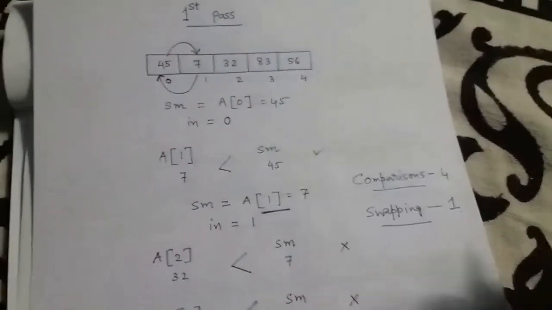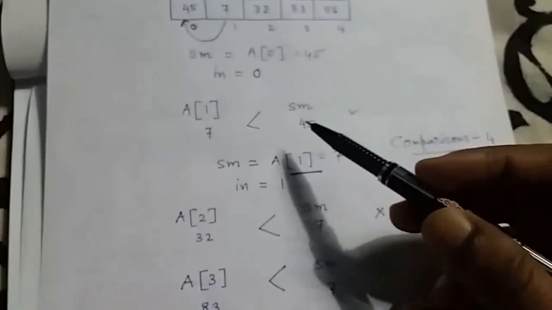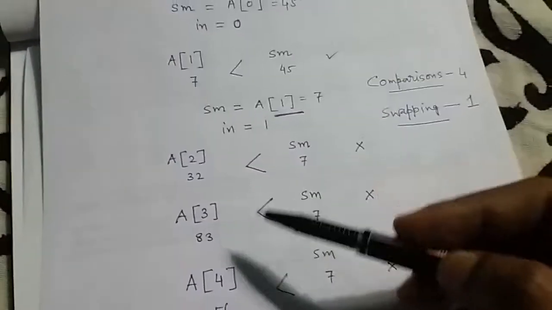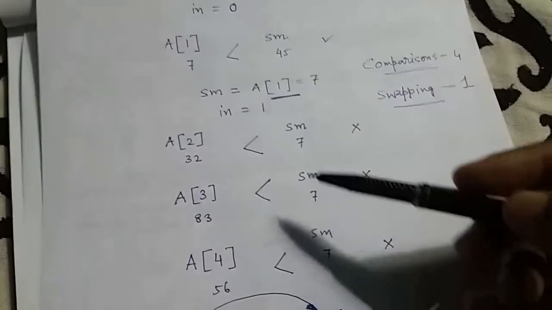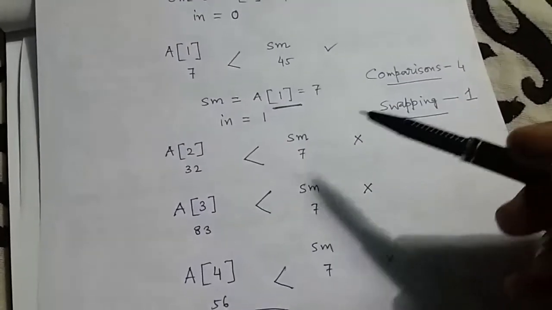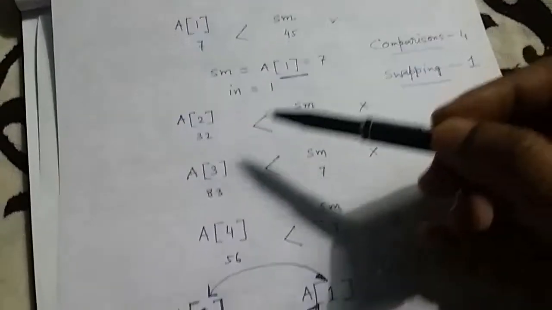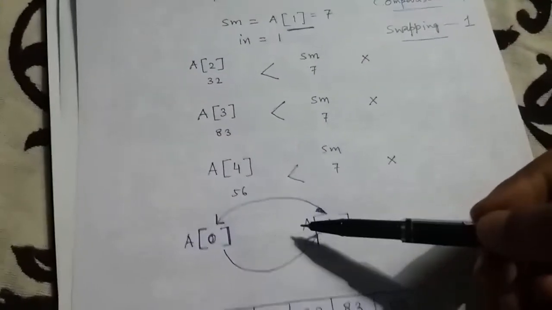So after that you can see in the first pass the comparisons are performed. So this is the start of the nested loop. So these are actually happening inside the nested loop. 1, 2, 3, 4, 4 comparisons are being performed inside the nested loop, and when the comparisons are finished then the swapping is performed.